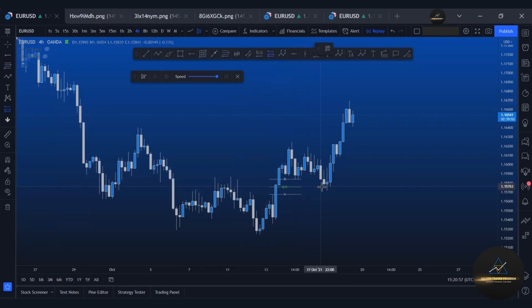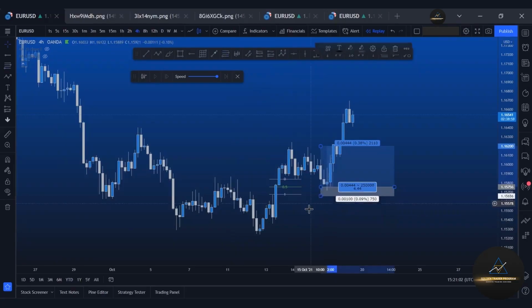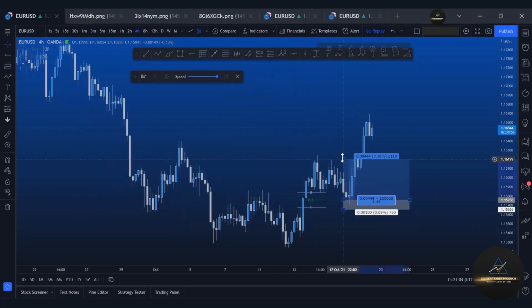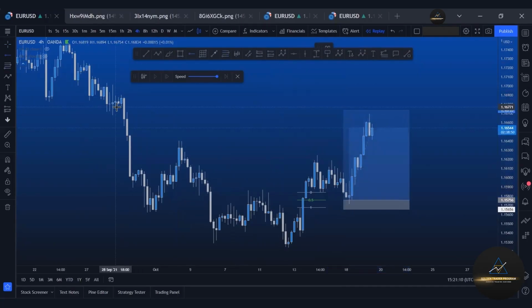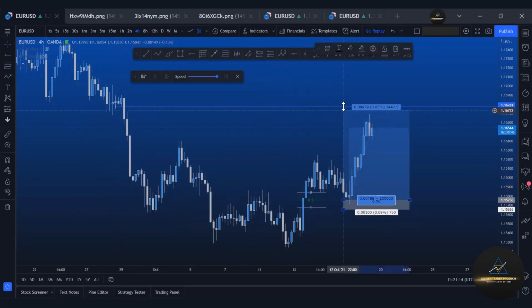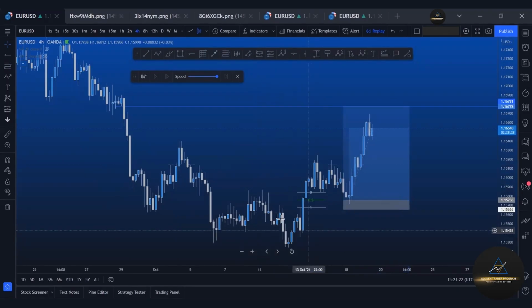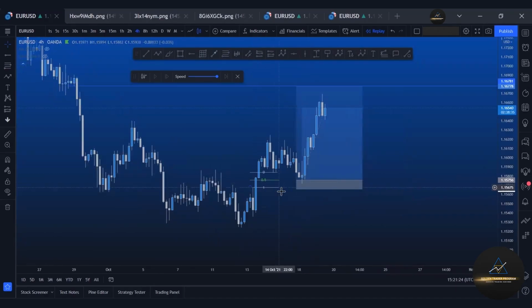Entry can be at the 50% fib, stop loss below the actual imbalance range, and your TP, you guessed it, at structure, TP2 next structure, but really we want to aim for the next relevant bank level here to the left. You can still catch really, really good risk reward trades, even though you're trading the 4 hour time frame. That's if you're trading with a really tight stop loss.